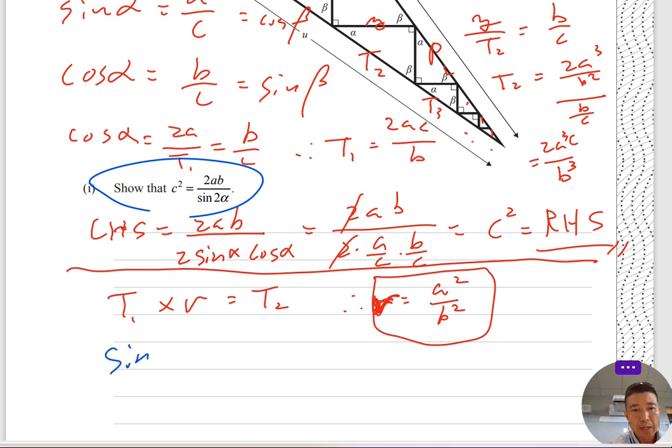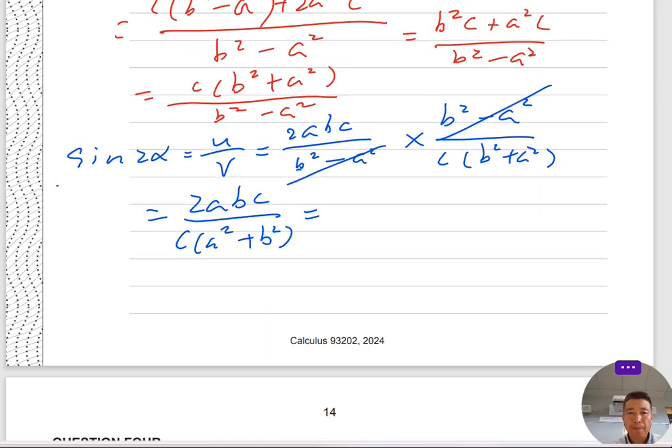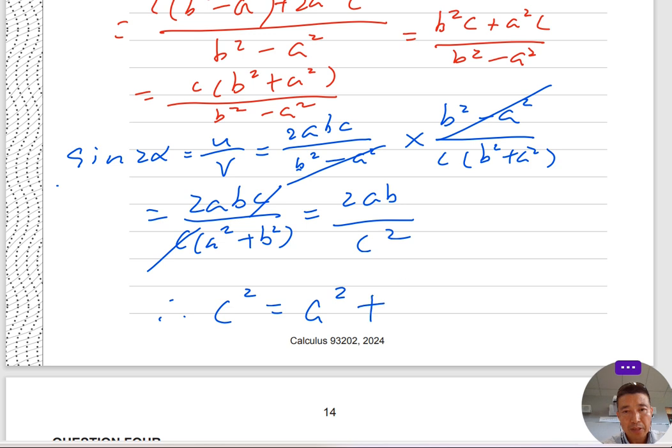So sine 2 alpha means 2AB over C squared, right? So we use this, that is the same as 2AB over C squared. By the way, I have to cancel out C, right? So 2AB is the same, hence C squared must be A squared plus B squared. That is the Pythagorean theorem. Alright, awesome.